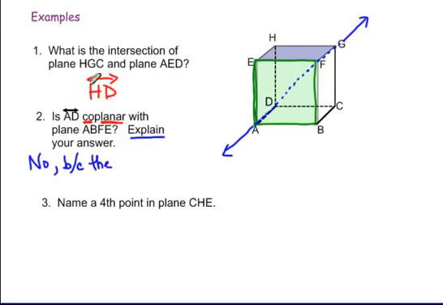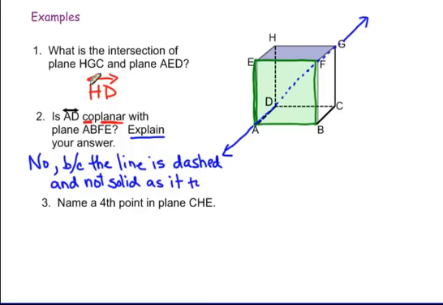Because the line is dashed and not solid as it touches the box, touches the plane. And that is the reason why it is not coplanar.